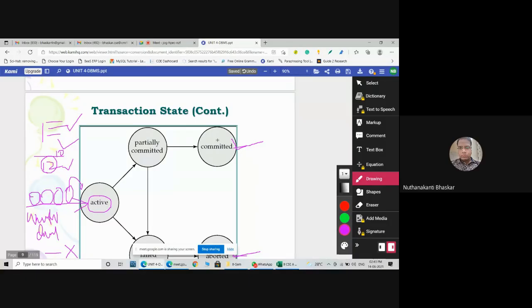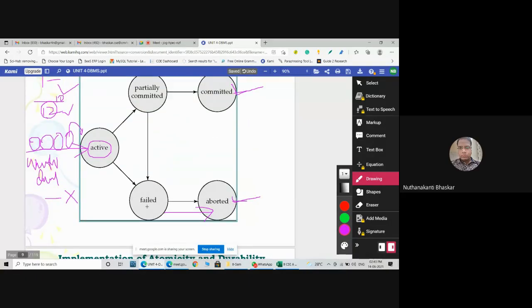So the transaction is moved from partially committed to the failed state. Understand? Your account has 10,000 and you want to withdraw 12,000. Is it possible?